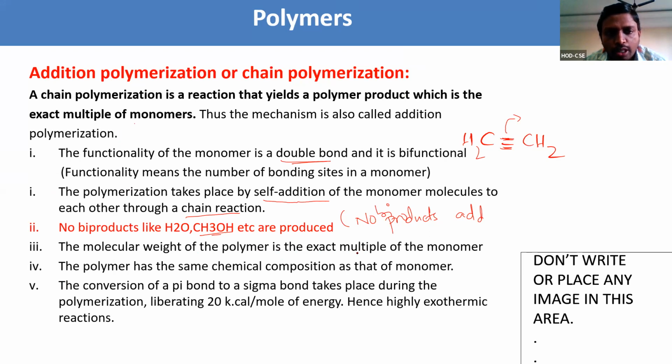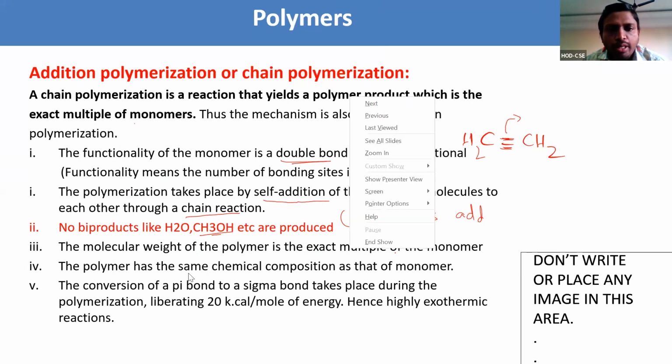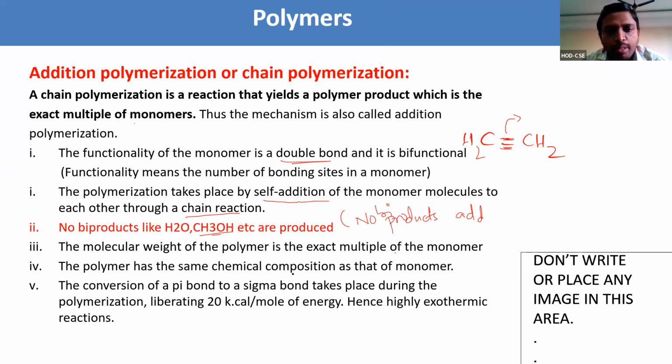Here the polymer has the same chemical composition. If you take the example of ethylene and polyethylene, they have the same molecular composition, that is, the same formula.